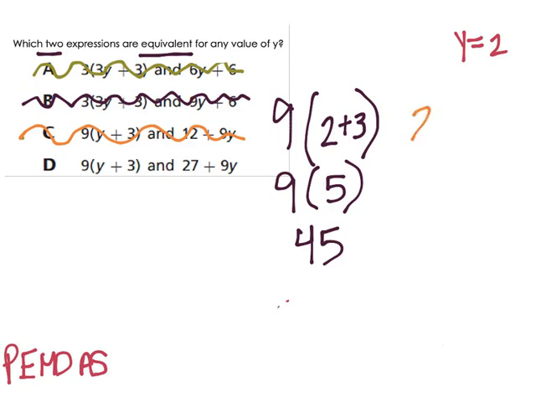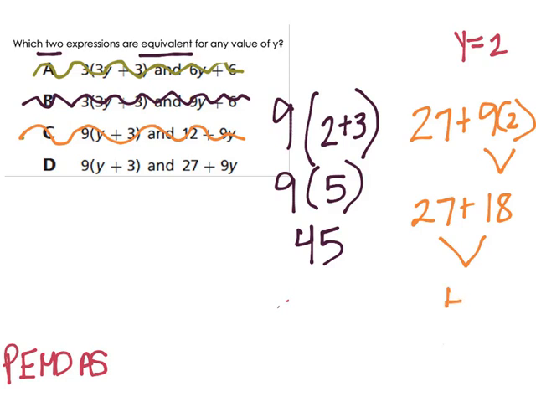The second one, we have 27 plus 9 times 2. 9 times 2 is 18. So our final step is 27 plus 18, which is, as you guessed it, 45. So as you can see that we have the same value for both of these expressions after we evaluated them.